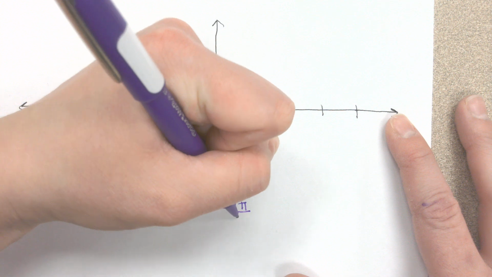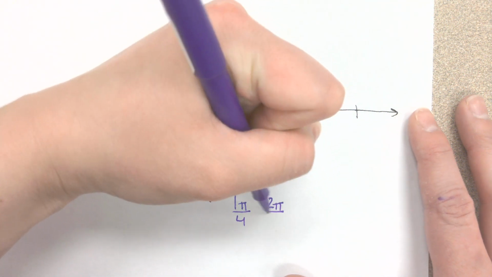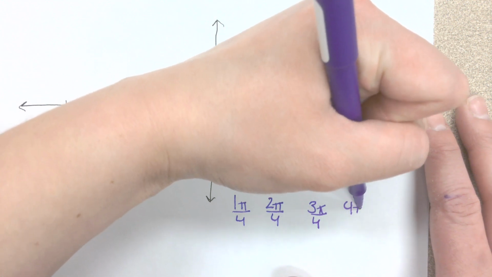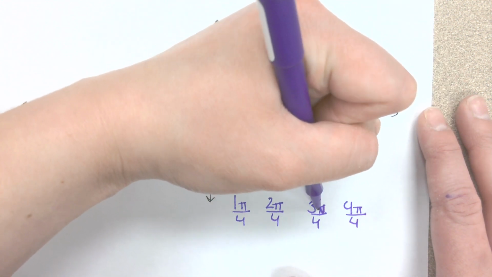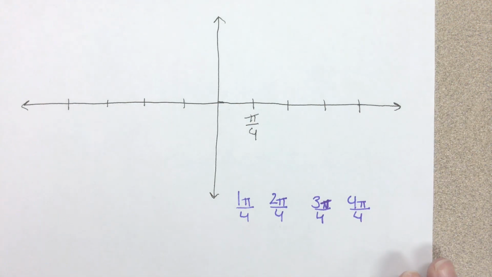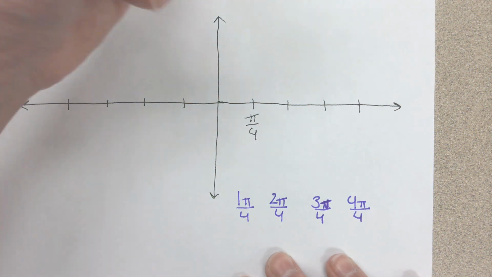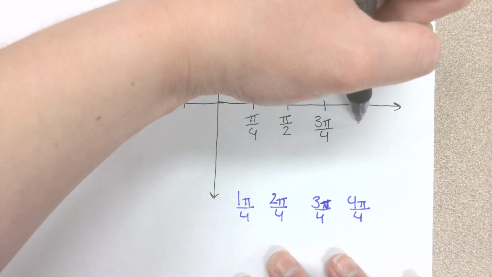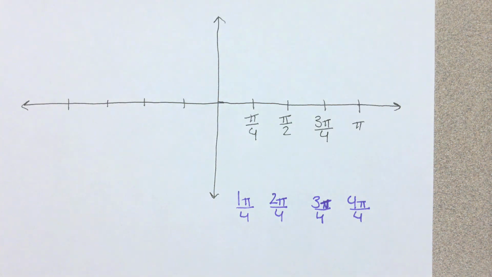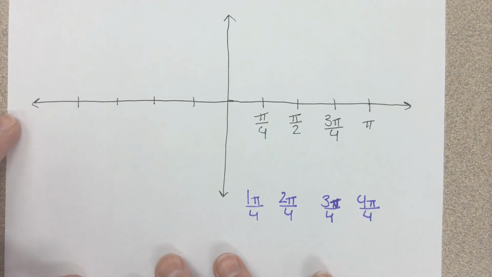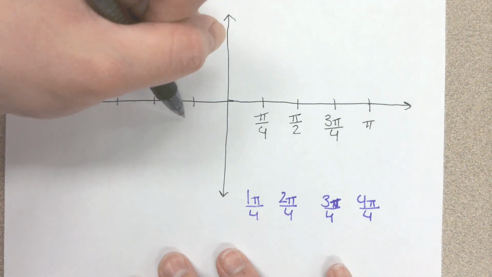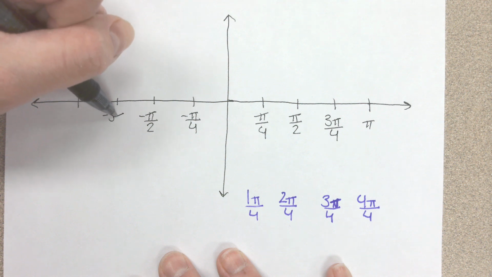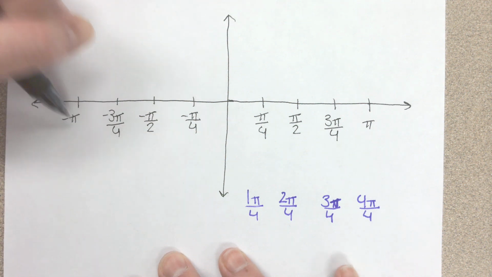We have 1 pi over 4, 2 pi over 4, 3 pi over 4, and 4 pi over 4. Reducing, we have pi over 4, pi over 2, 3 pi over 4, and pi. And for the negatives, we have negative pi over 4, negative pi over 2, negative 3 pi over 4, negative pi.